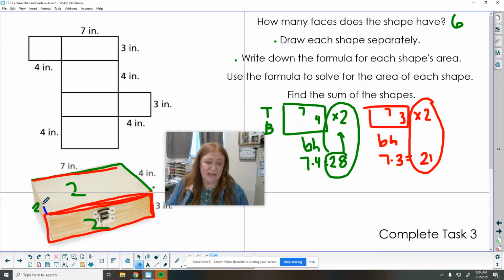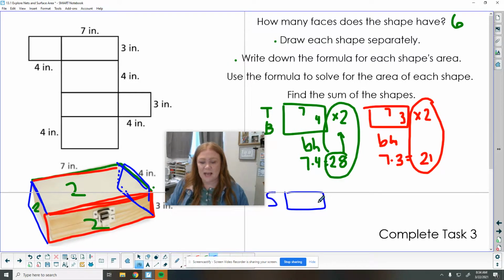Now I need to find this piece here, or it's right over here on this side as well. So this line is 4. So I have my sides, and I have 2 sides. The base is 4, and the height of it is 3.